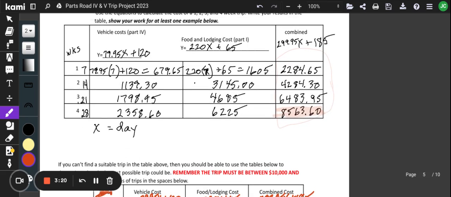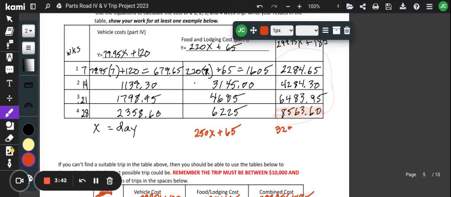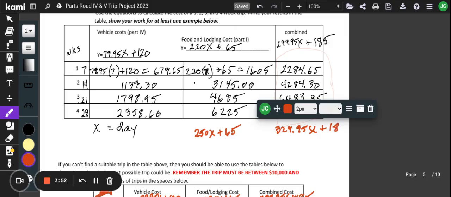And I'm going to mark this down here. This is going to be 250x plus 65 instead. And so my new combined numbers, this is 329.95x plus 185.